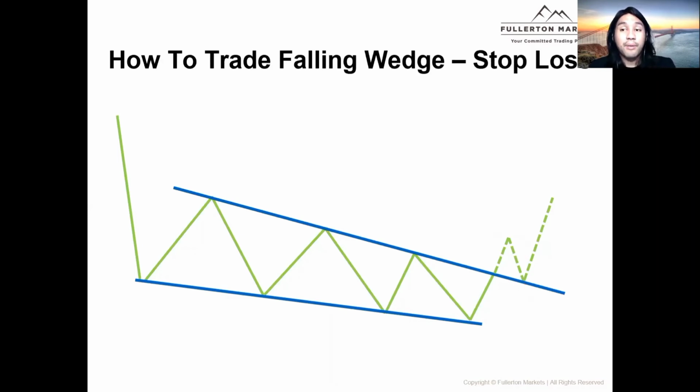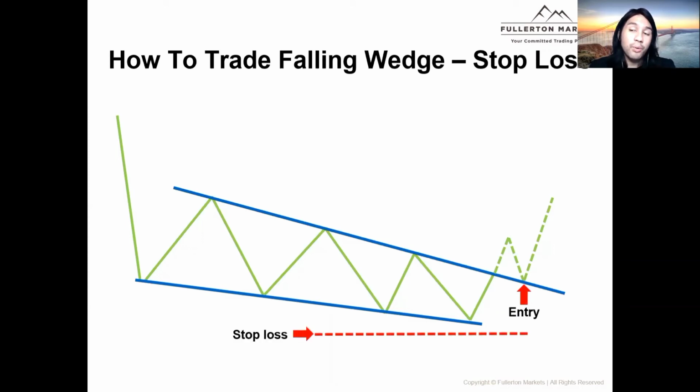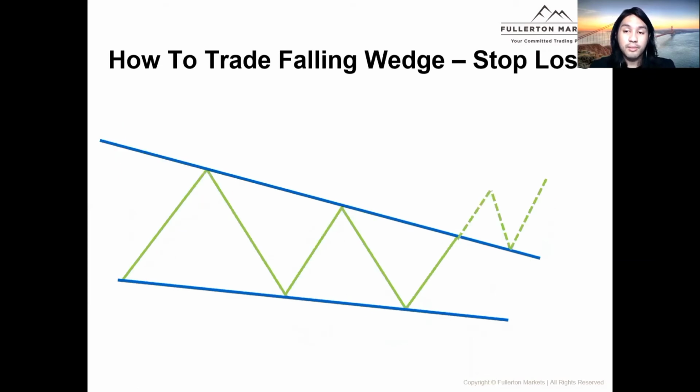Now, what about stop losses? Just like earlier, you enter here, and your stop loss should be slightly below your former support, here on the wedge, slightly below the support of the wedge. This is where you should be placing your stop loss. If you place your stop loss in the middle of the wedge, then you might actually get stopped out.